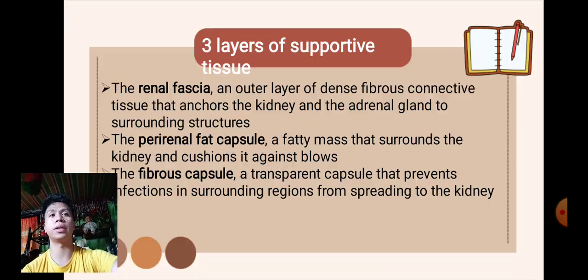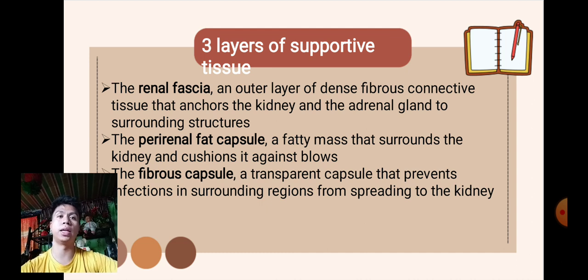So the renal fascia is an outer layer of dense fibrous connective tissue that anchors the kidney and the adrenal gland to surrounding structures. And we have the second one, the median layer, the perirenal fat capsule. It is a fatty mass that surrounds the kidney and cushions it against blows.